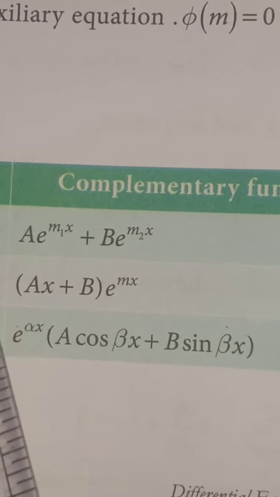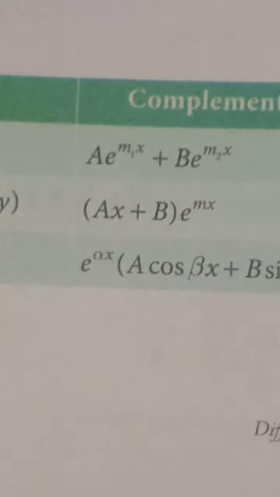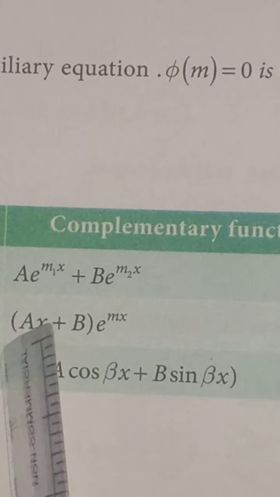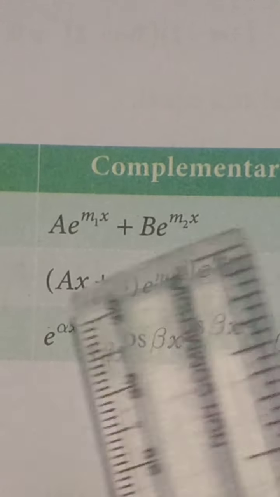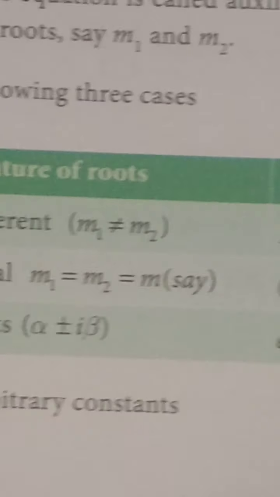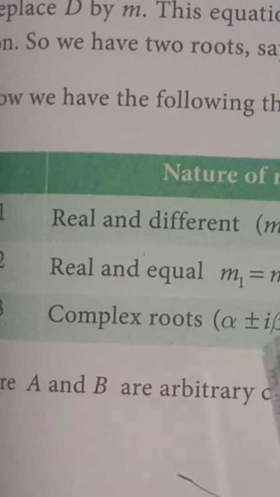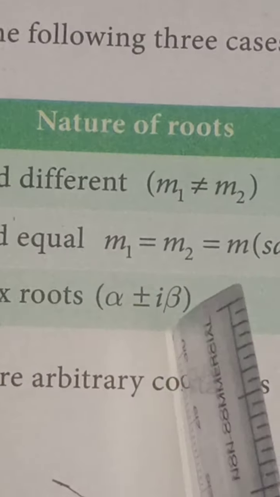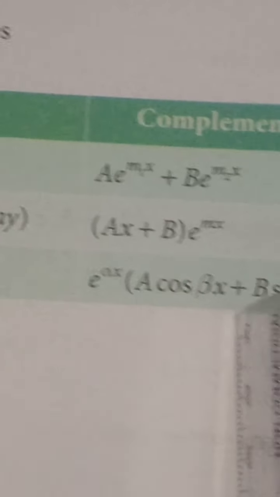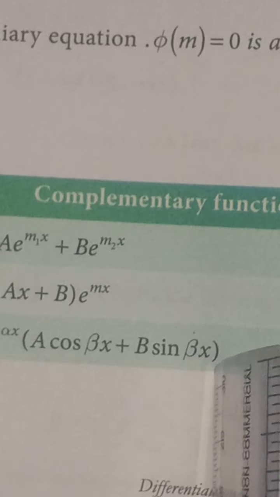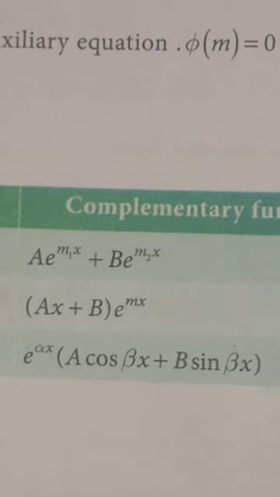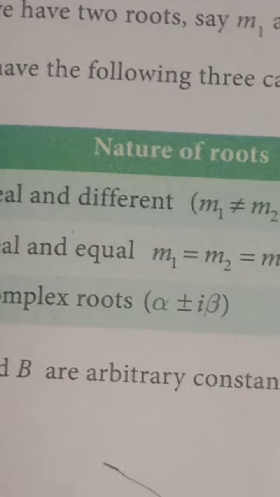Suppose the roots are real and equal, the complementary function is (ax plus b) into e power mx. Suppose the roots are imaginary, complex roots of the form alpha plus or minus i beta, the complementary function is e power alpha x into (a cos beta x plus b sin beta x), where a and b are arbitrary constants.